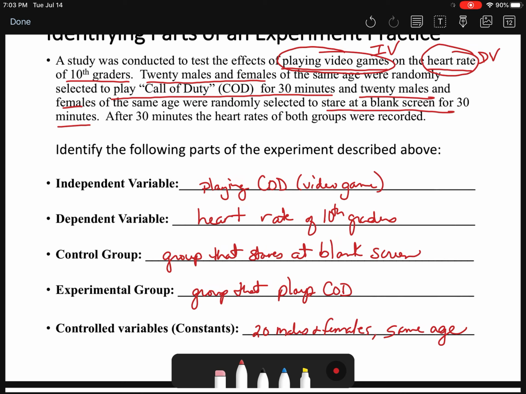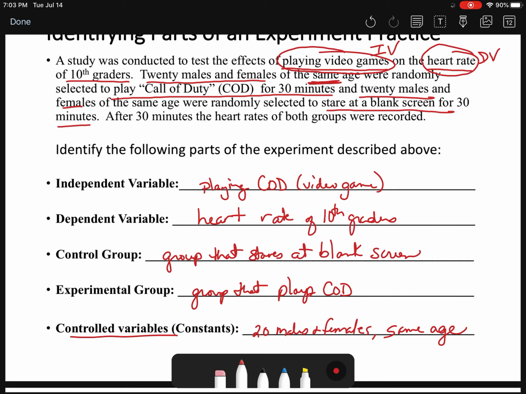What did one group get that the other one did not get? And then you look at things that are the same. If you see that word same right here, that's going to tip you off that those are the things they're trying to control. Okay? So all of those things you need to know before you do any experiment in class.